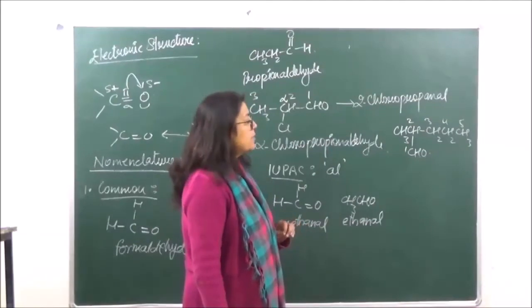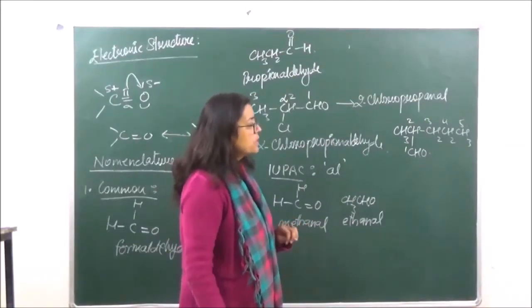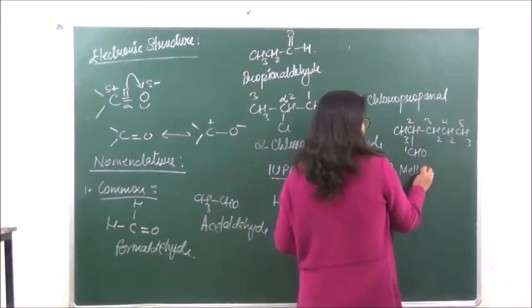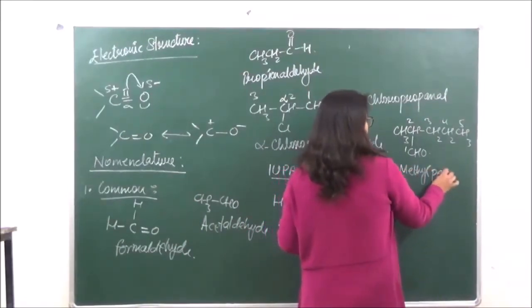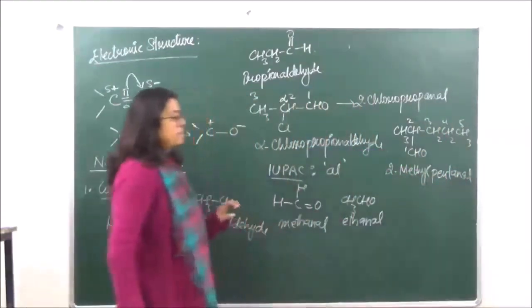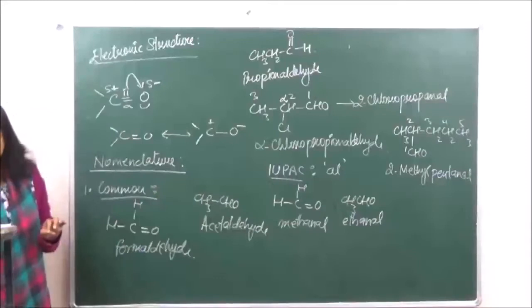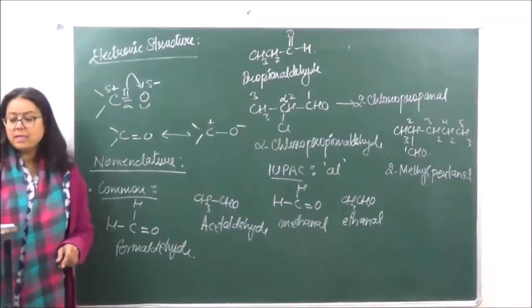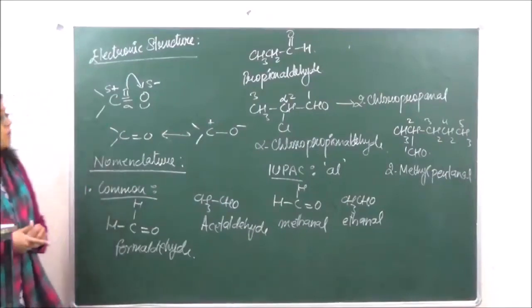So this carbon atom will always be given number 1. So the IUPAC name is going to be 2-methyl pentanal. So this is the IUPAC system of nomenclature of aldehydes.